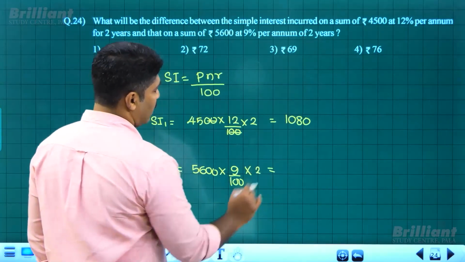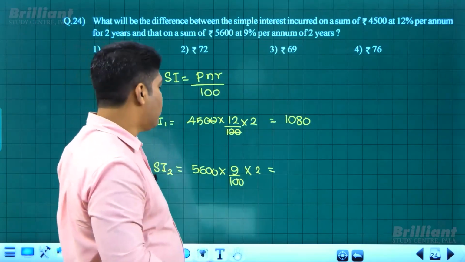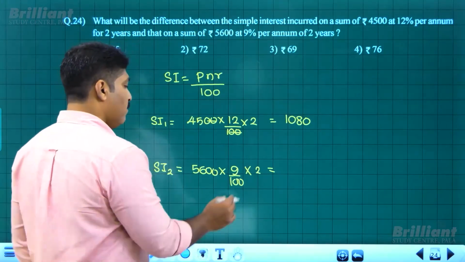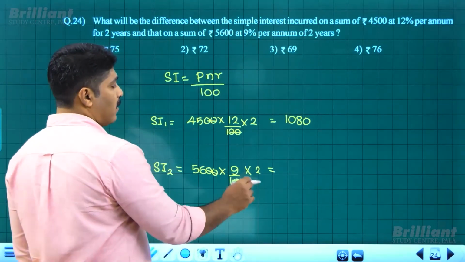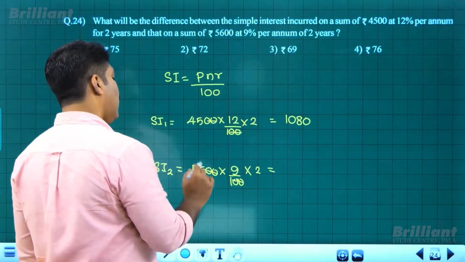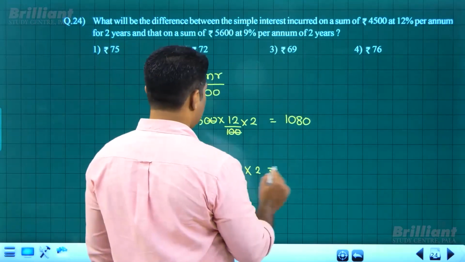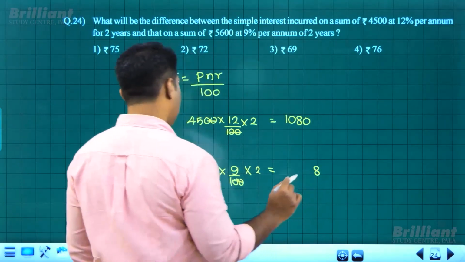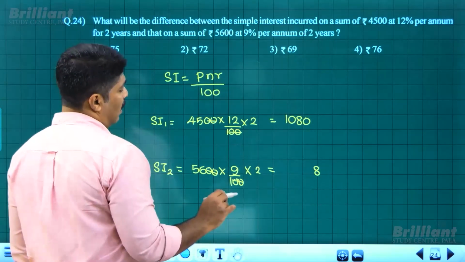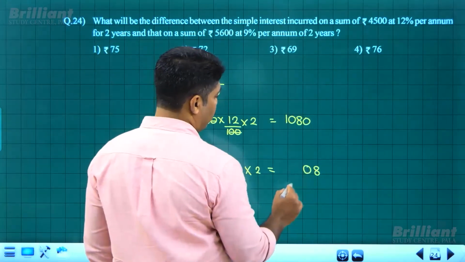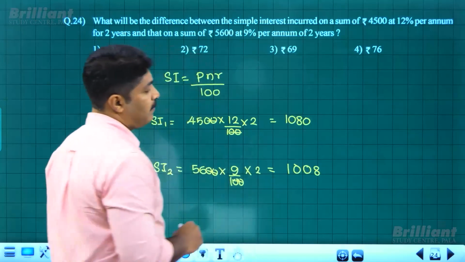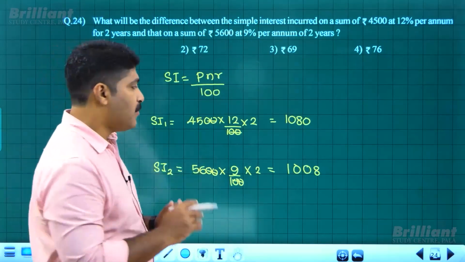It's also for 2 years. So just multiply these values together. While simplifying this one, here we can cancel these values. So this is equal to 18 into 56. So 48 is there, 44 plus 6, that is 50. So this is 1,008. So these are the two interest amounts.